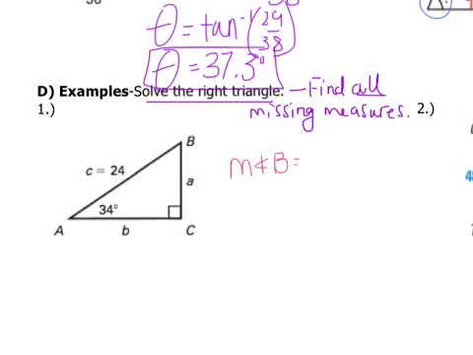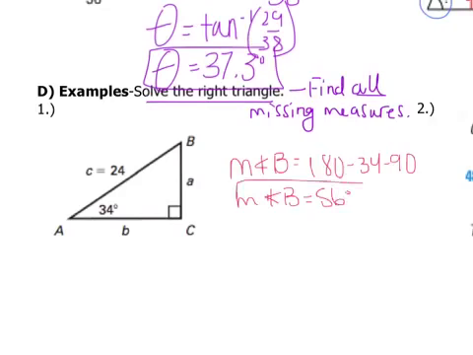Exactly. That gets us that the missing angle measure is 56 degrees. Fill that in on your triangle because you can then use any measure you find again.